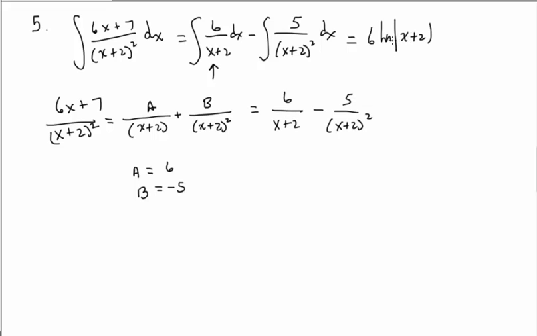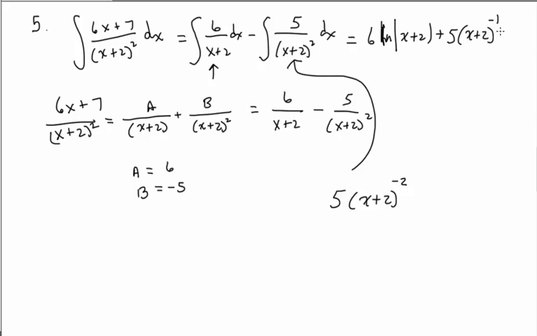That's a funny natural log here. Now this one, please don't abuse the natural log. This is 5 x plus 2 to the -2 power, and that integrates to be plus 5 times x plus 2 to the -1 plus c.